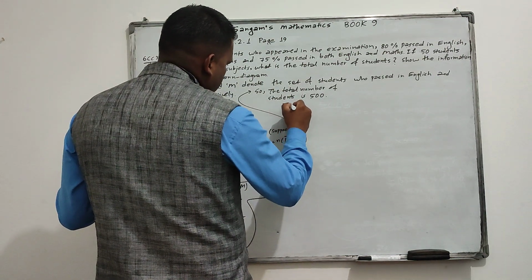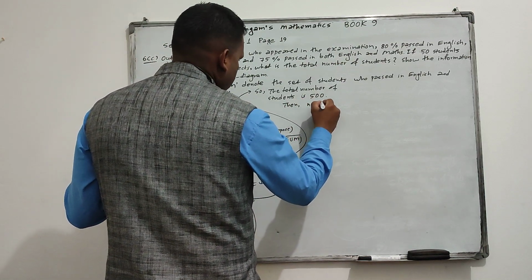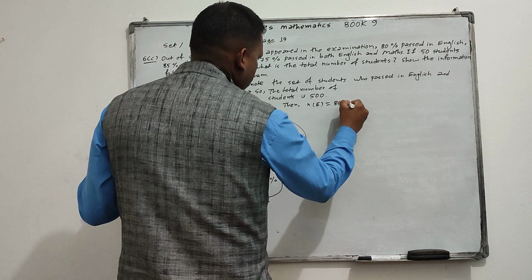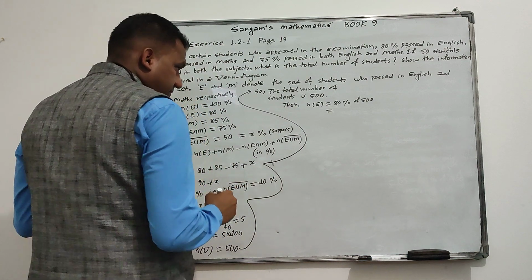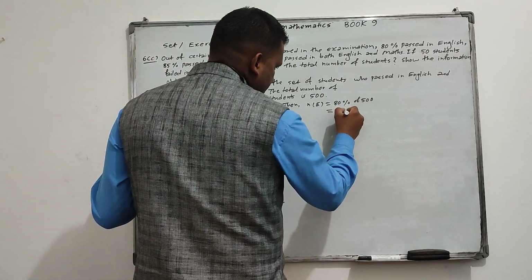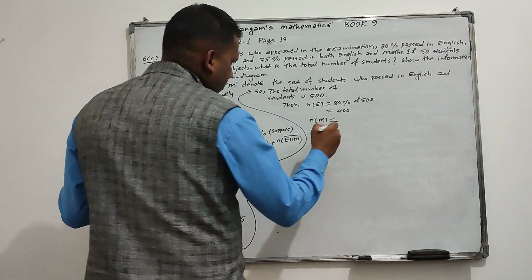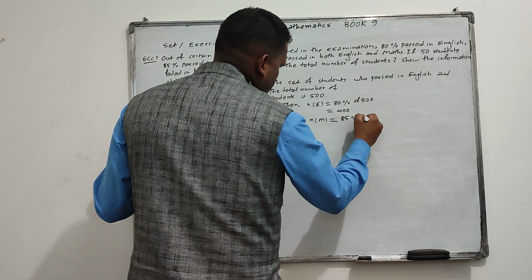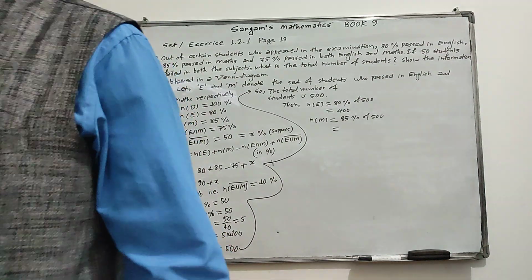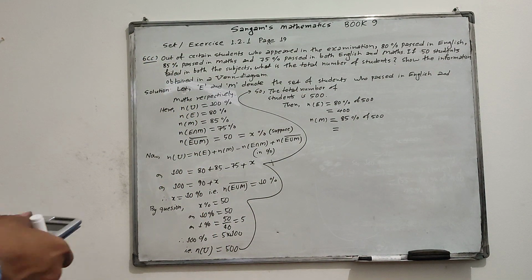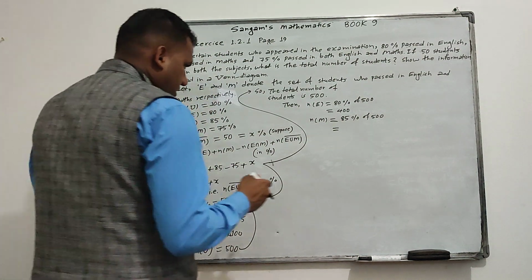Then number of E equals 80% of 500, which equals 400. Number of M equals 85% of 500. Let us calculate this: 85% of 500 is 425.